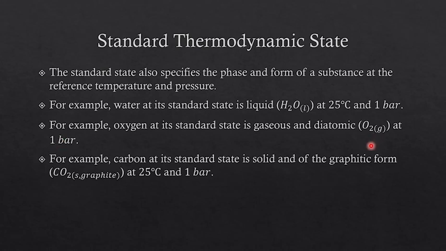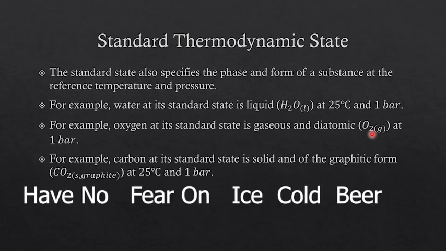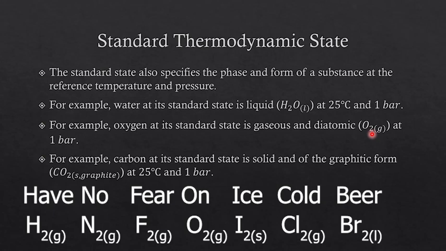So you have to remember which elements are stable in their diatomic form. We actually have 7 common elements that are naturally and are stable in the diatomic form. We have a mnemonic that is have no fear on ice cold beer. Those stand for hydrogen, nitrogen, fluorine, oxygen, iodine, chlorine, and bromine.